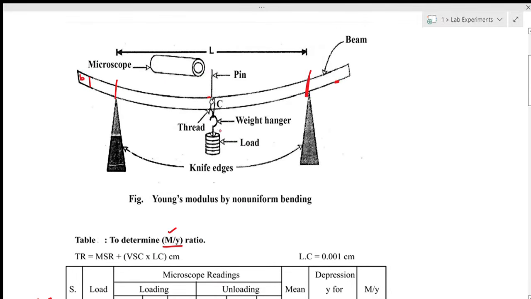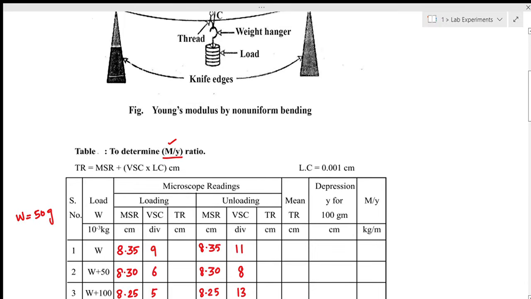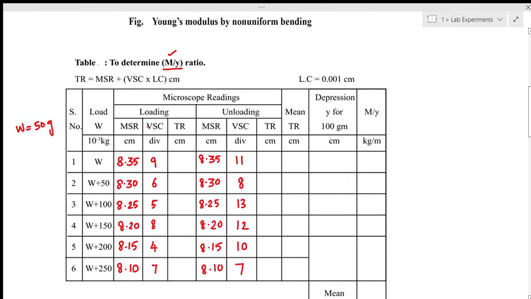The relevant MSR, main scale reading, and Vernier scale coincidence are taken. These are the sample readings. Just like in the air bridge experiment, the total reading has the formula MSR plus VSC into LC. The least count is 0.001 centimeter. Here MSR is 8.35, VSC is 9.